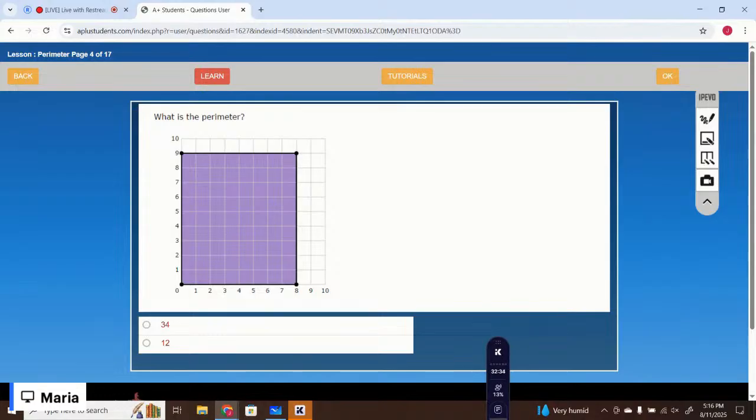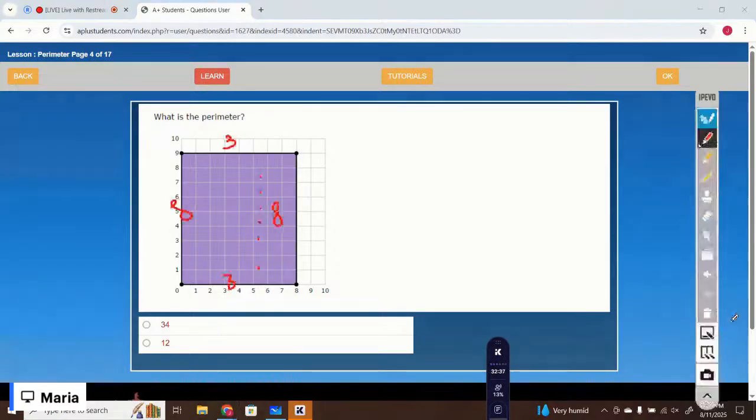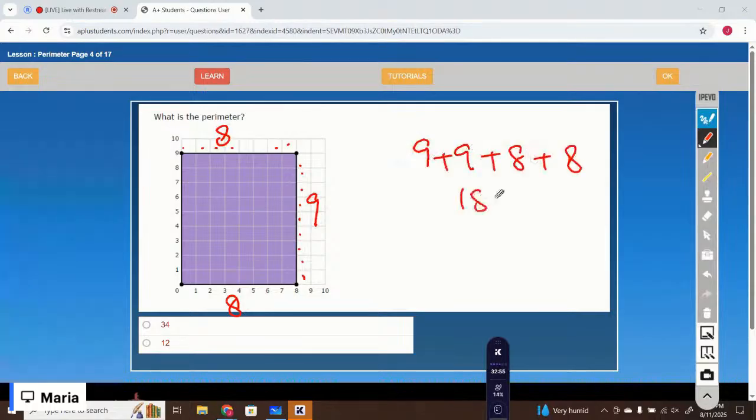What is the perimeter? 1, 2, 3, 4, 5, 6, 7, 8. 1, 2, 3, 4, 5, 6, 7, 8, 9. So you need to calculate the perimeter, just add.